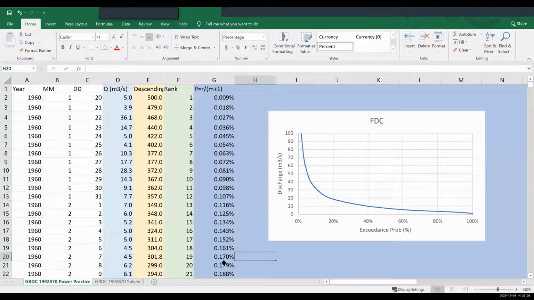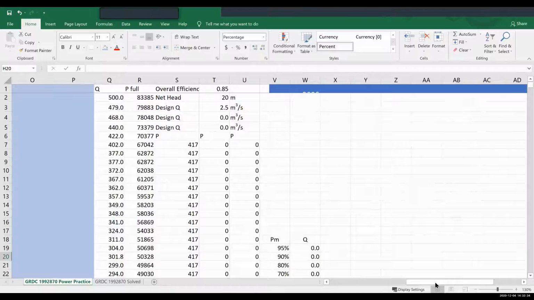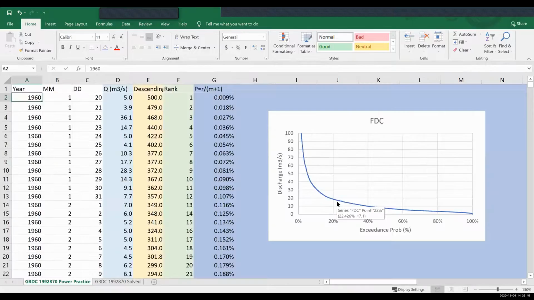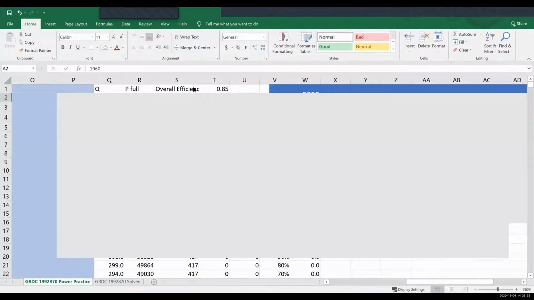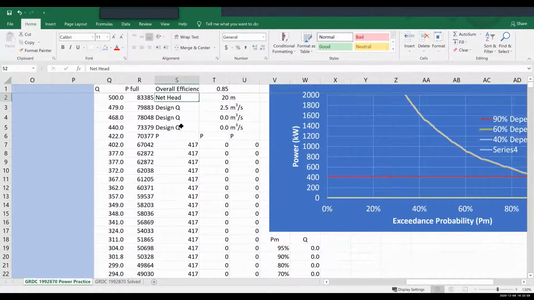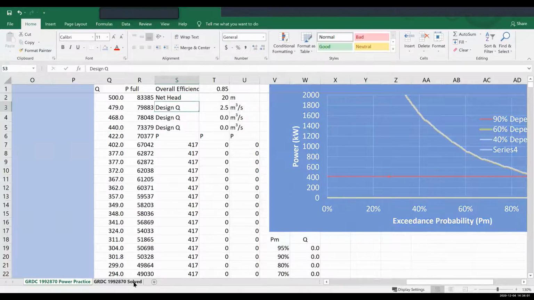In this case, I have actually already used this formula to calculate the design discharge. If you go here, what I have done is this design Q. Maybe I'll just go to this better one.